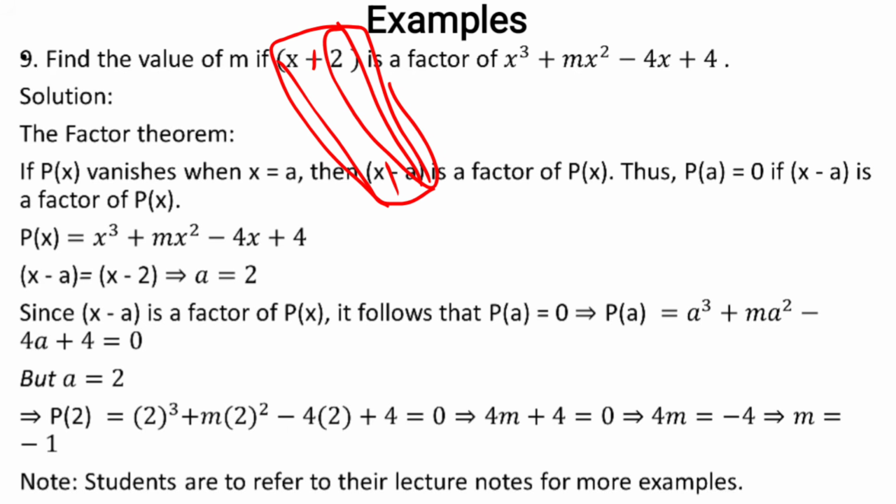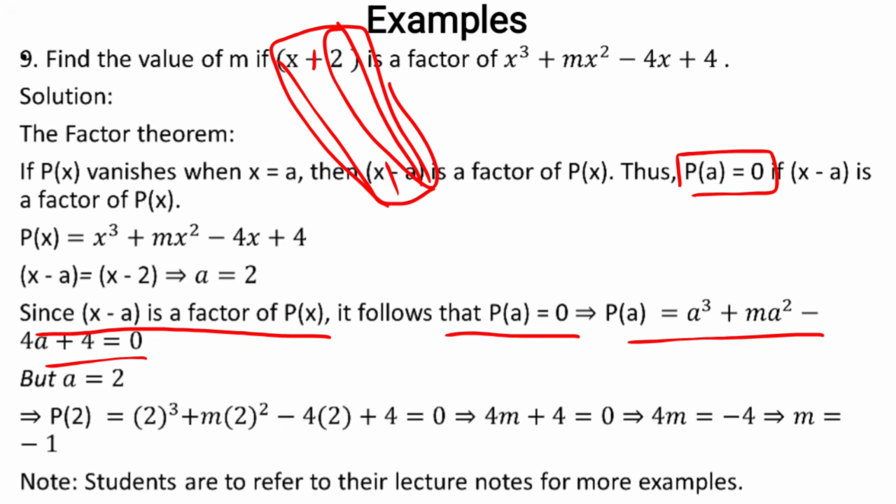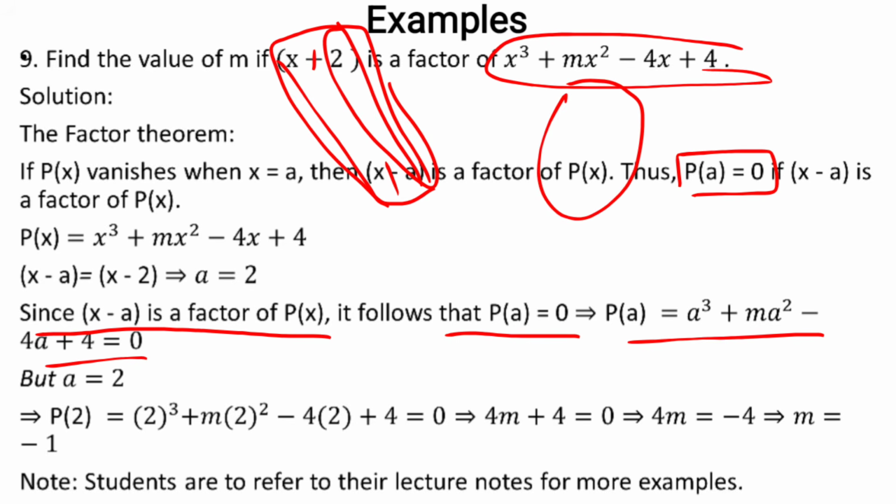And it says what vanishes? It says p(a) is the one that vanishes. It goes to 0. So that's what I've done here. And following that, p(a) will be equal to this. Wherever we see a, we plug it in this equation, because it's our p(x). Wherever we see x, now we put the a's. So that's why you see this equation on the screen. But we know a is 2 when we compare the factors, right?